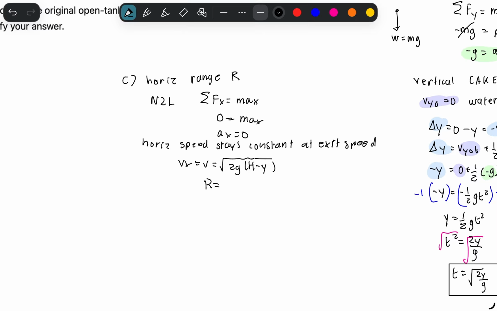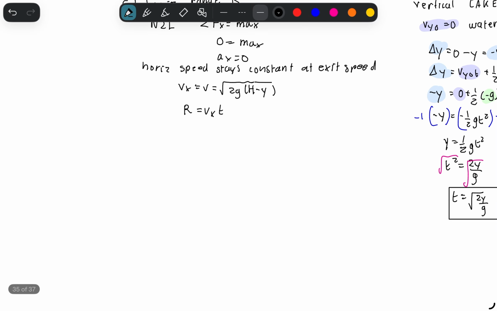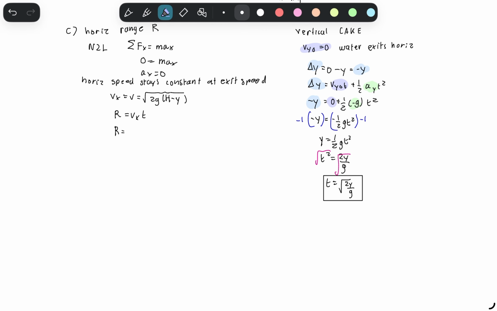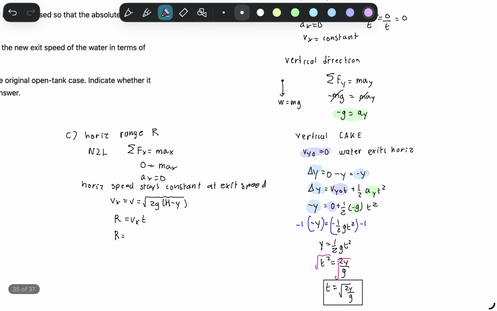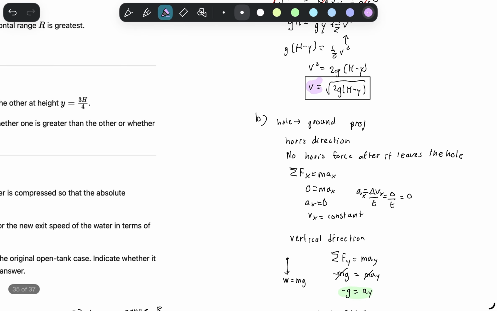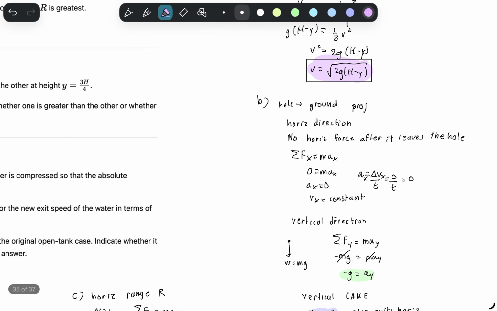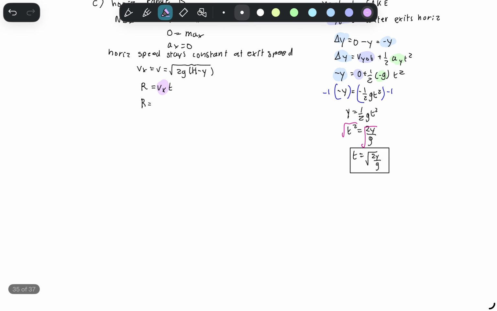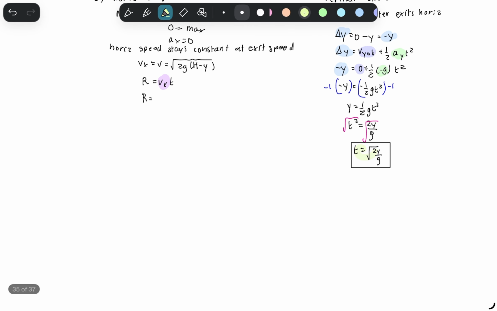So we know our range formula from kinematics is equal to Vx times t. So we already have our expression for Vx. We know that for v, we have this. And for t, we have this expression down here.